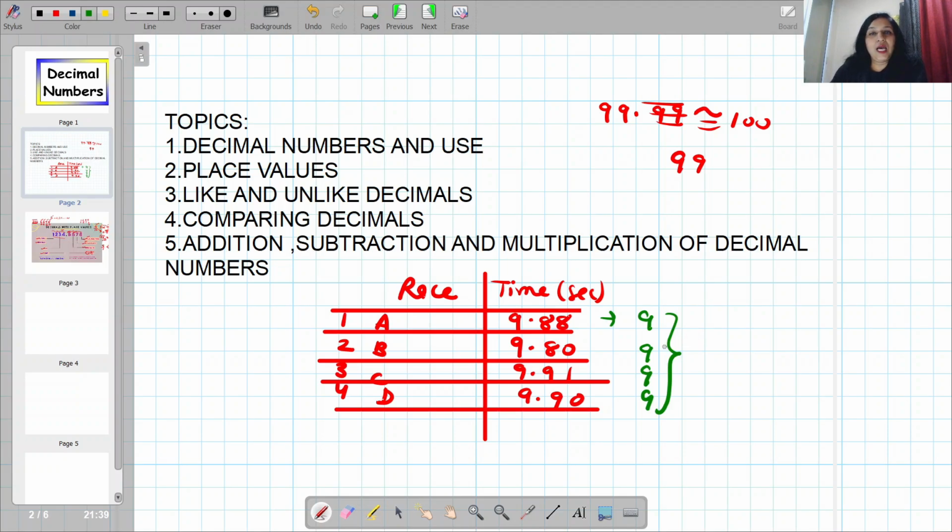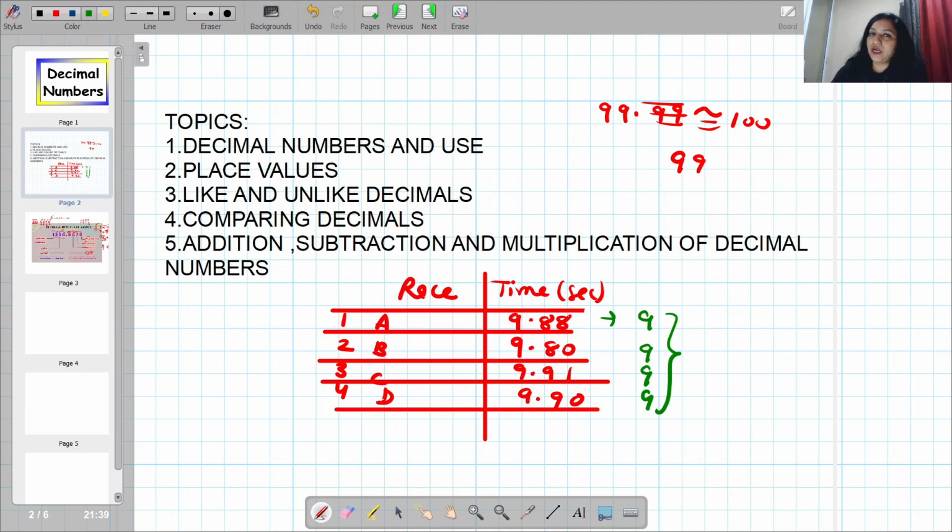Correct? Another thing. Now if we have to decide the winner, who will be the winner? Whosoever has covered the race in the least or minimum time. Now we should know which is the smallest number among these. We'll be learning how to compare decimal numbers.